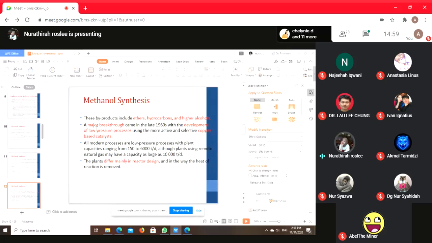A major breakthrough came in the late 1960s with the development of low-pressure processes using more active and selective catalysts.